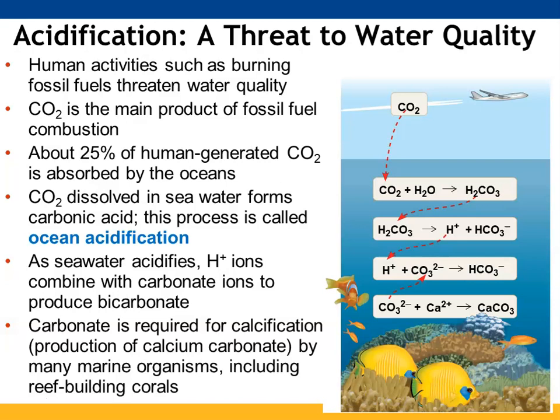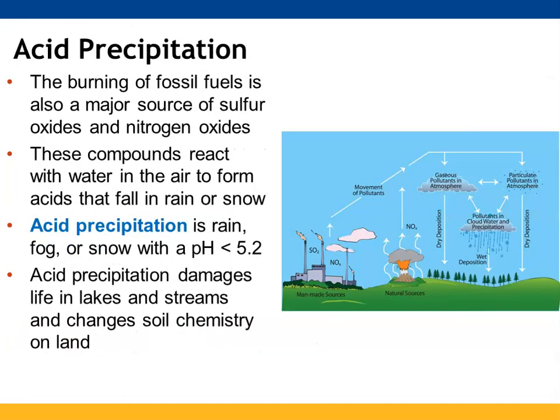Anyway, where these corals are, we're seeing much smaller amounts of coral because of this increase in acidity within the ocean due to the carbon dioxide that is being consumed at all-time high levels.